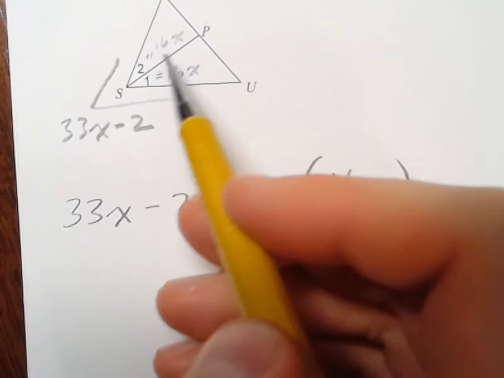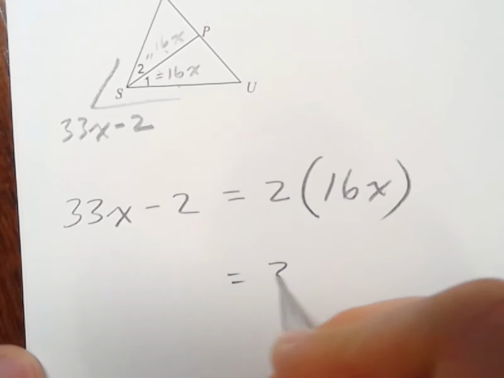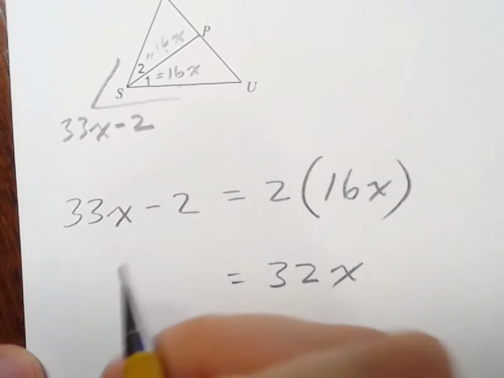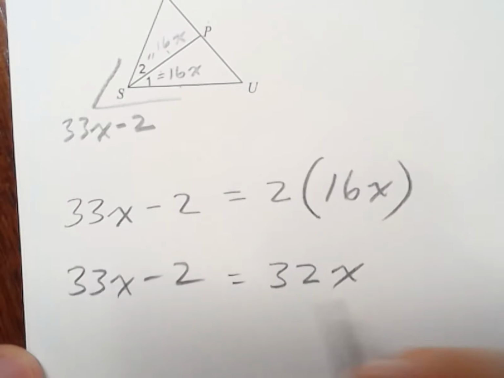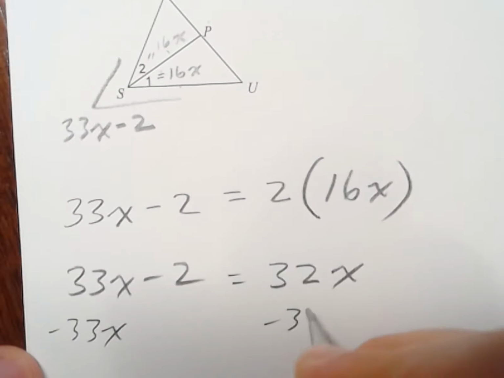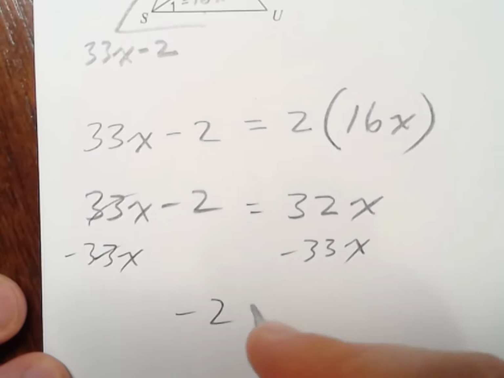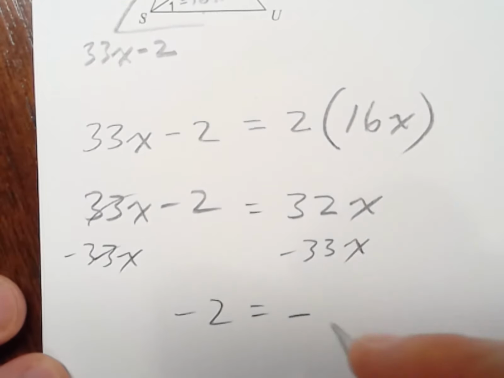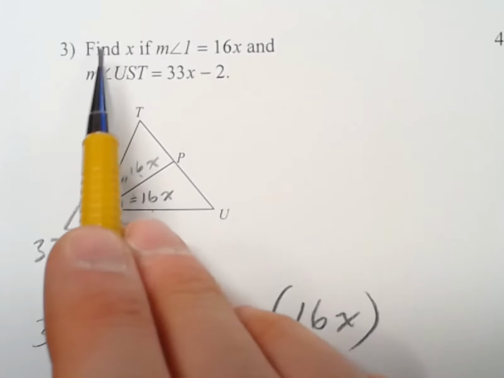I've just doubled the 16x right there. So this is all equal to 32x. And if I subtract 33x here, of course those go away, and I have negative 2 equals negative x. So 2 equals x. And that's what I was looking for because the direction said to find x.